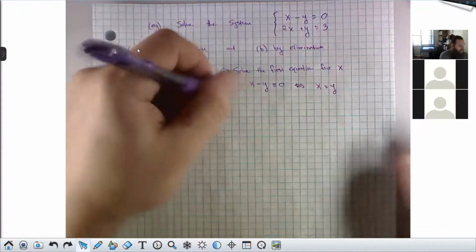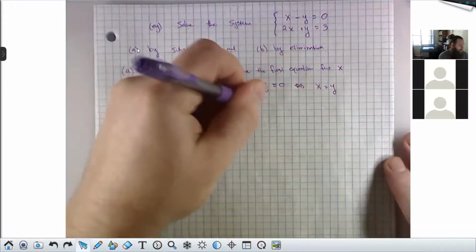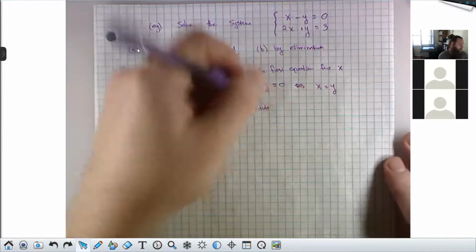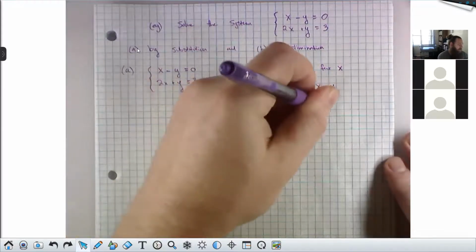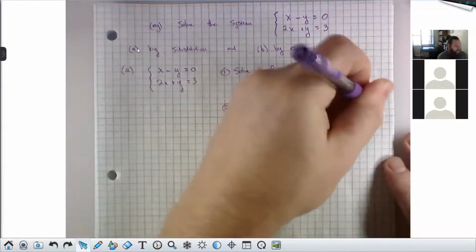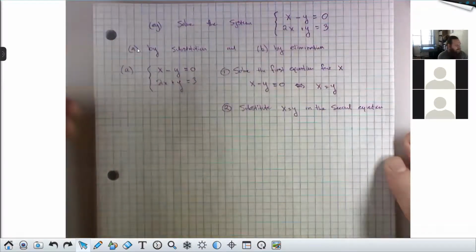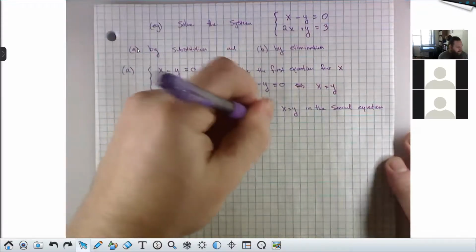My next step is to substitute x equals y in the second equation. So the second equation here is 2x plus y equals 3.